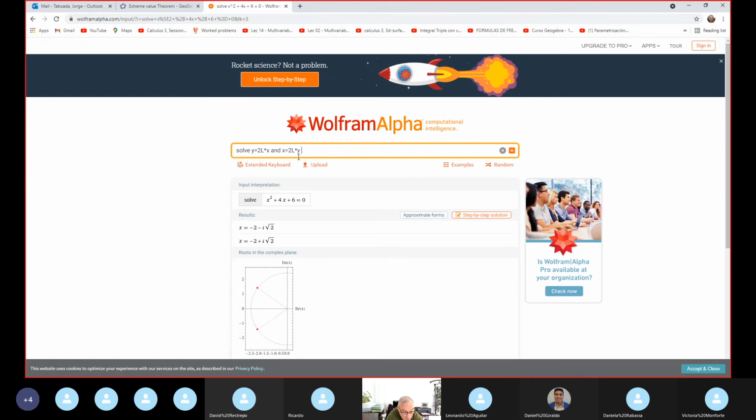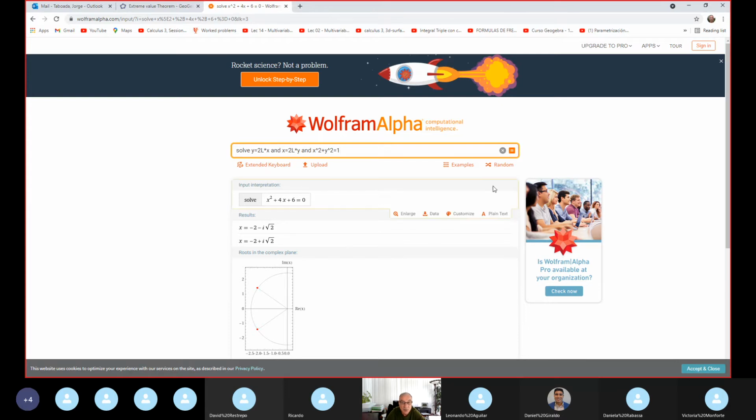Space, and the last equation is x squared. This symbol, shift and number 6, is the power. Power 2, plus y, the power again. It's my last equation, and that's it.